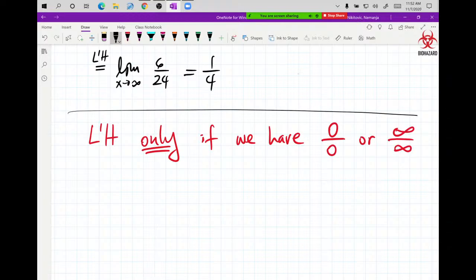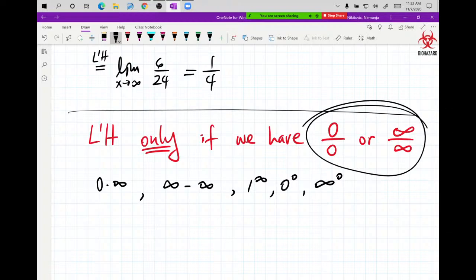Now, in this lecture, we're going to study 0 times infinity. We're going to study infinity minus infinity, which is another form of this. And we are going to study 1 to infinity, 0 to 0, and one more, infinity to 0. Good. So these are the other 5 that we are going to convert into these and then use the limit.